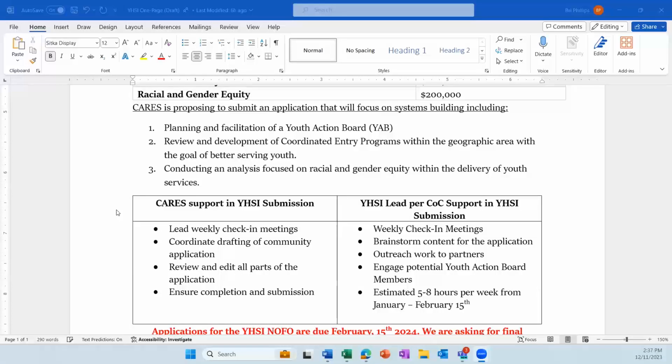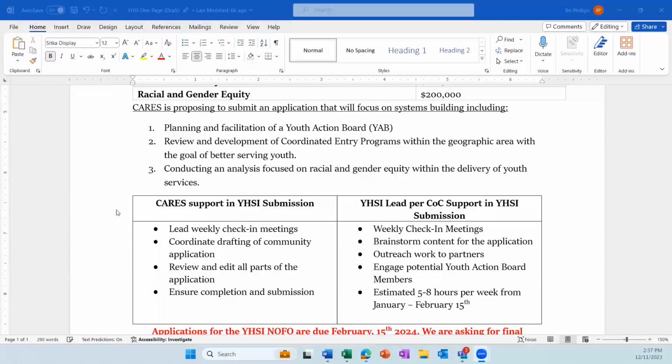We also have been challenged trying to figure out how to alter coordinated entry, the program that allows for access to COC-funded housing programs, in a way that best serves youth. So having some funding dedicated to assessing those systems and updating them is another area.